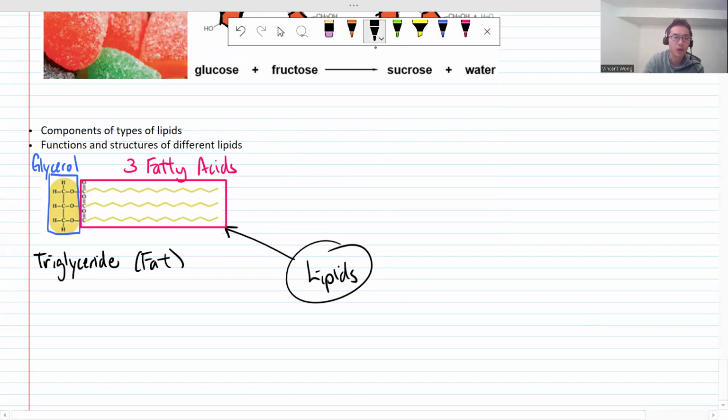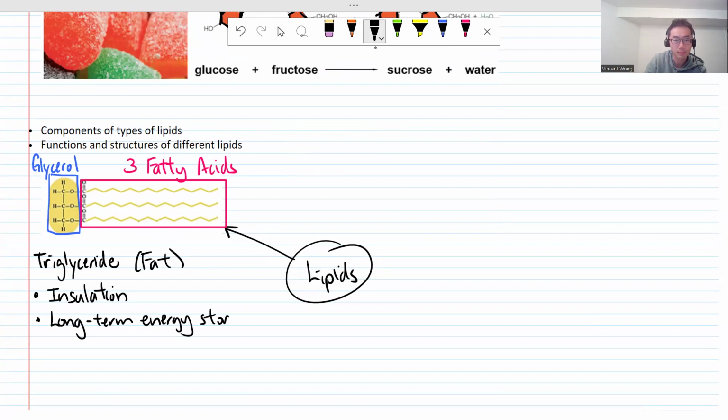Triglyceride. What do we need fat for? They are useful for insulation, as in keeping organs warm. They are also good for long-term energy storage. We store short-term energy as glycogen, but for long-term storage, we need the triglyceride or fat.